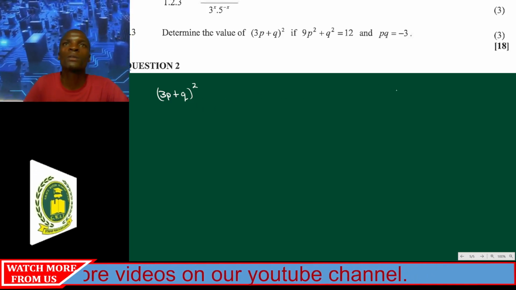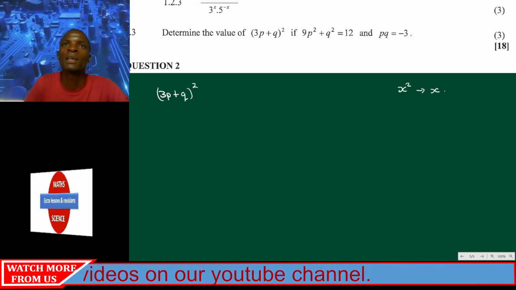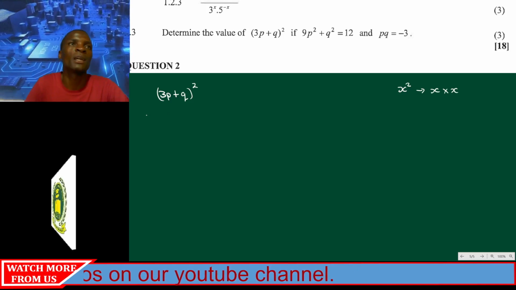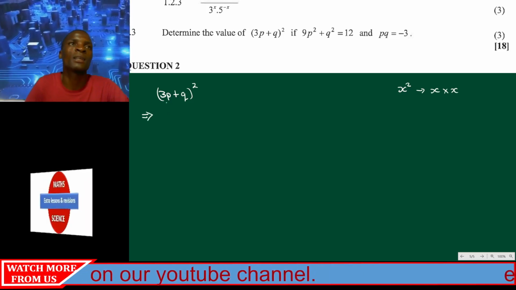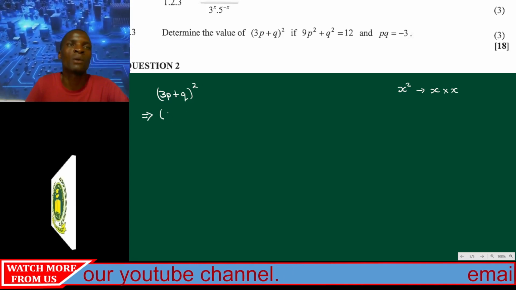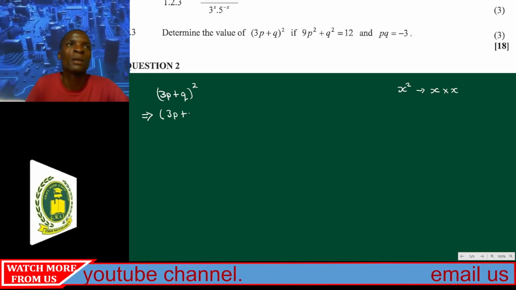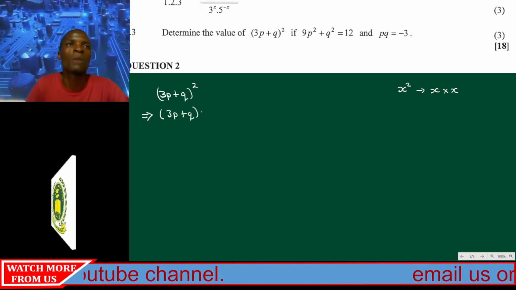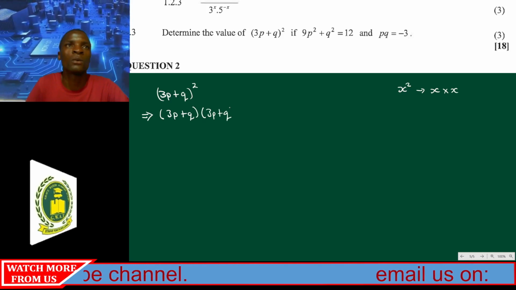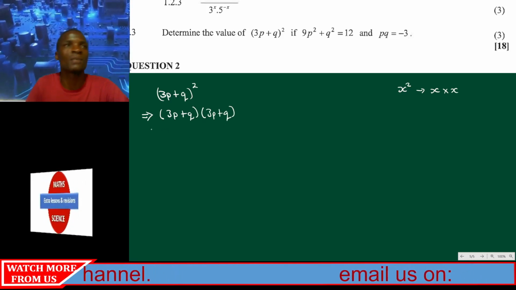According to the law that x to the power 2 is x times x, the bracket to the power 2 means the bracket is multiplying itself twice. So we have got (3p plus q) multiplying (3p plus q). That's the first way of doing it, expressing it in simplest form.